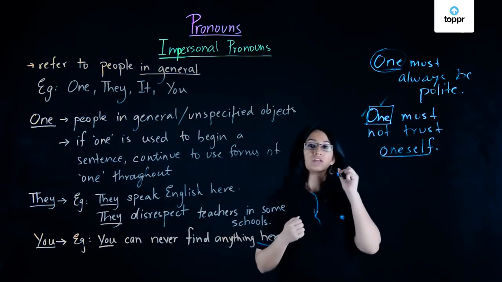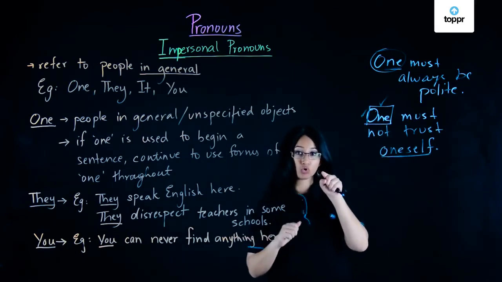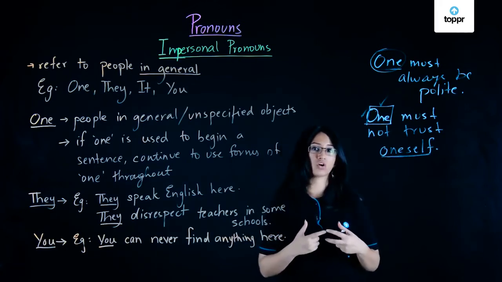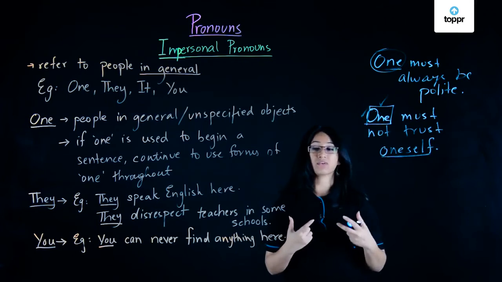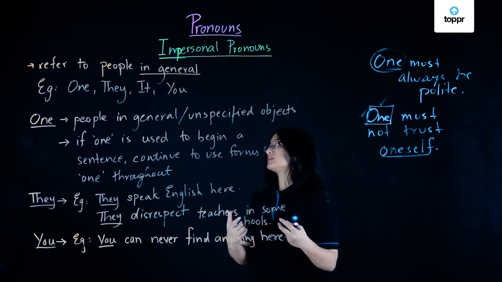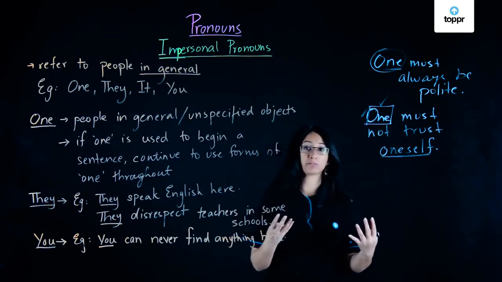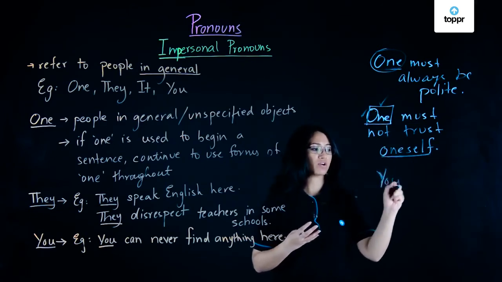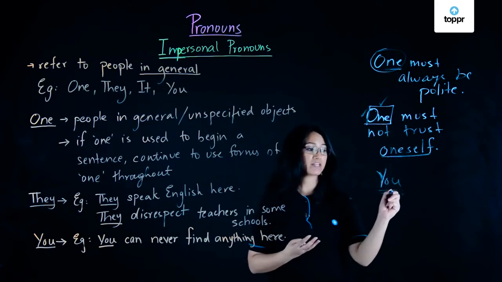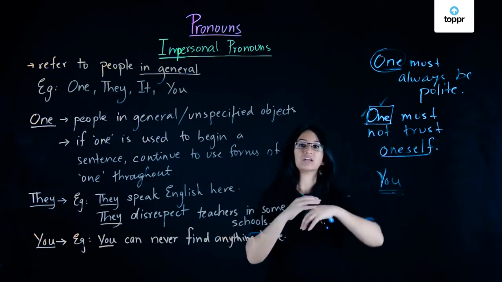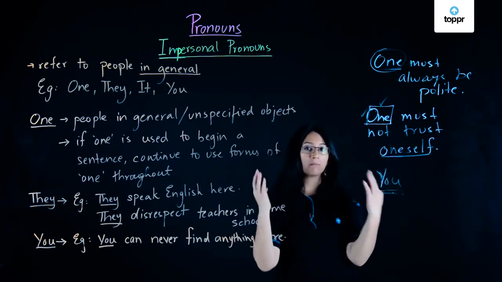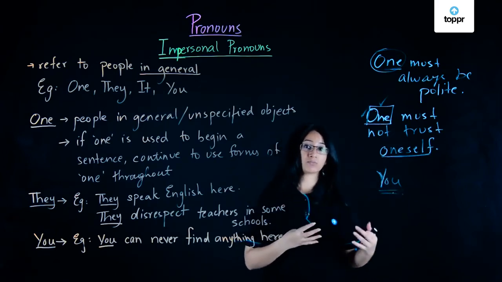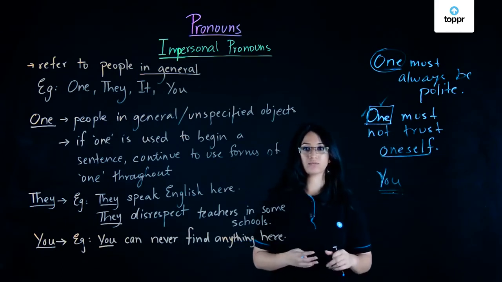You is not specifically pointing at you, but instead it's used as a general term to talk in an unspecified way. Another example could be you should always be polite. So here you would not be specifying that I'm talking about you particularly, but you in general, such as everybody or somebody. So here again, you is used as an impersonal pronoun and not a personal pronoun.